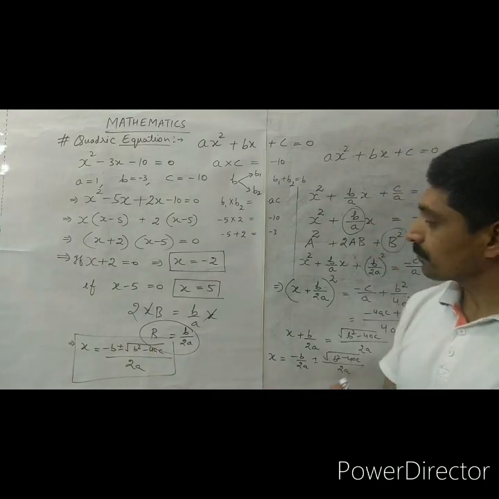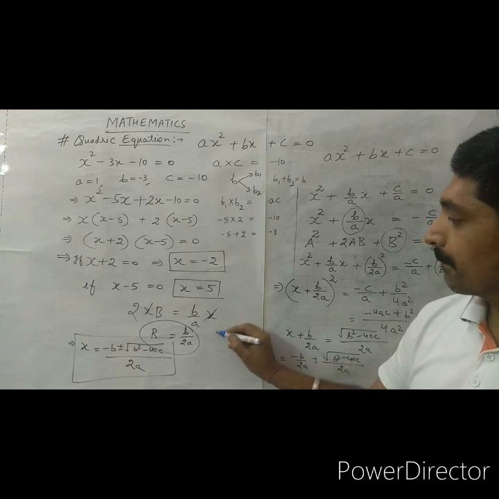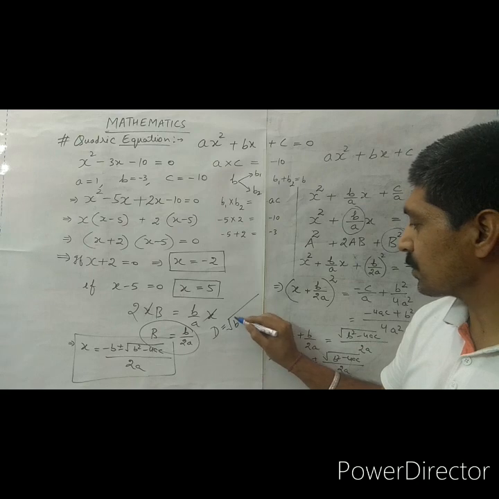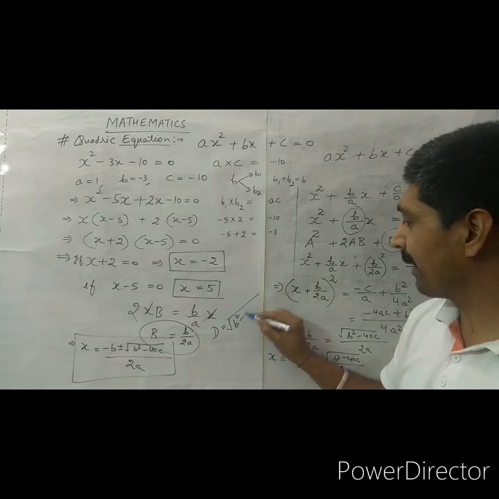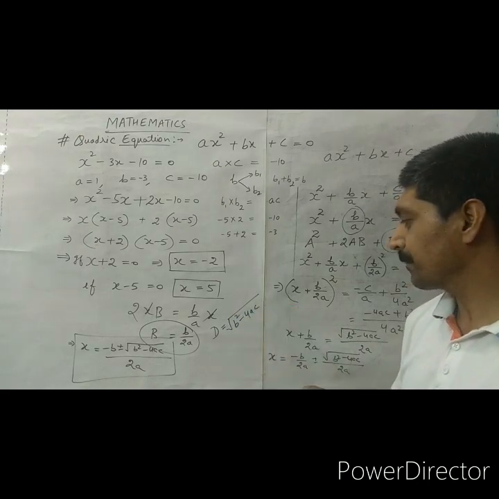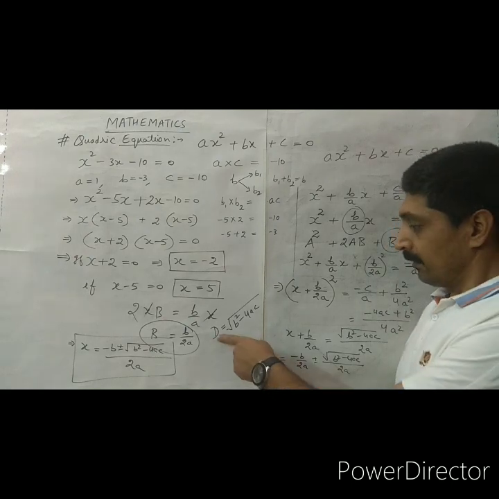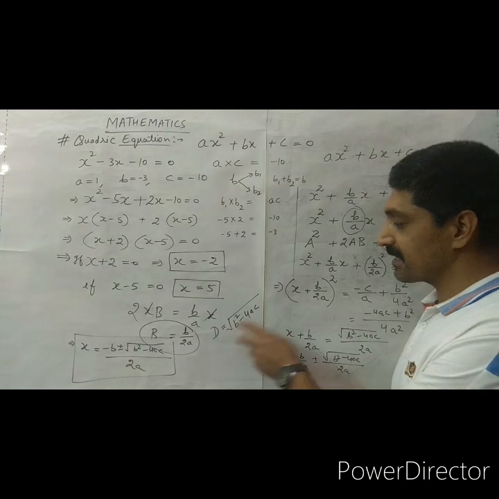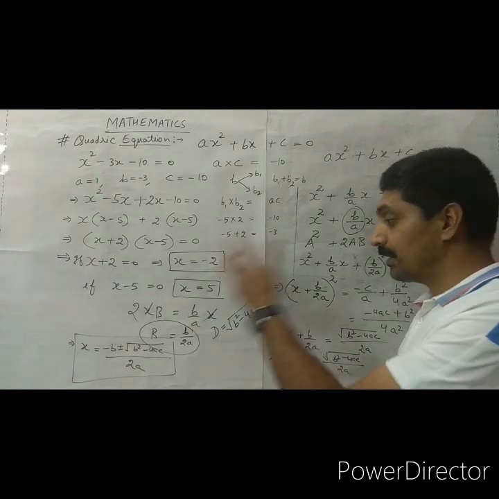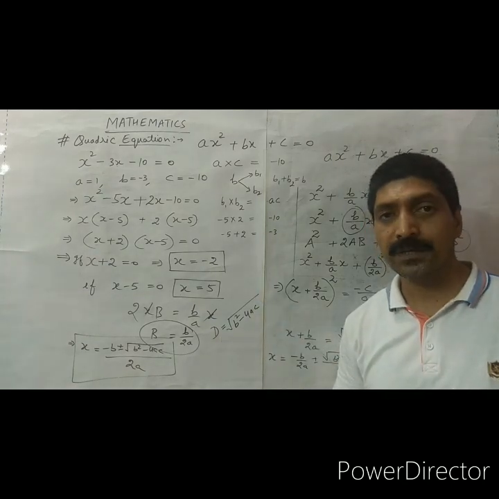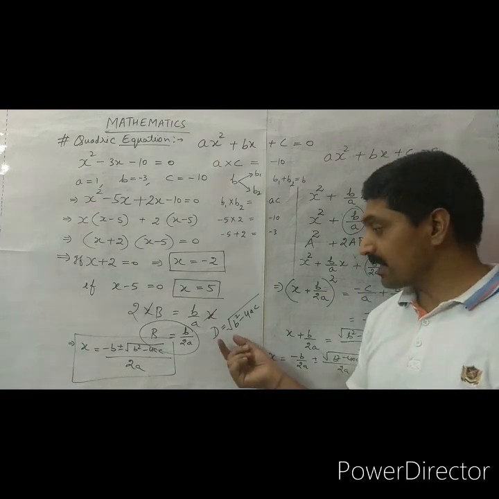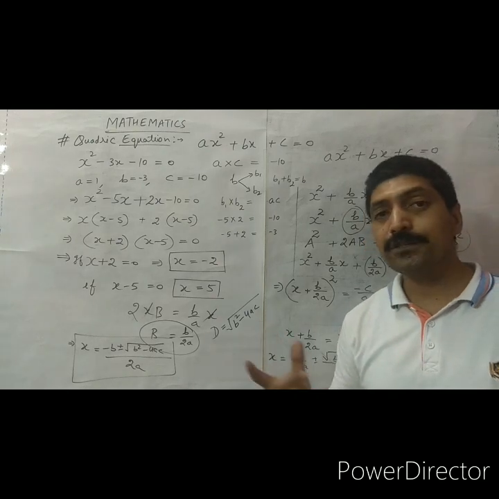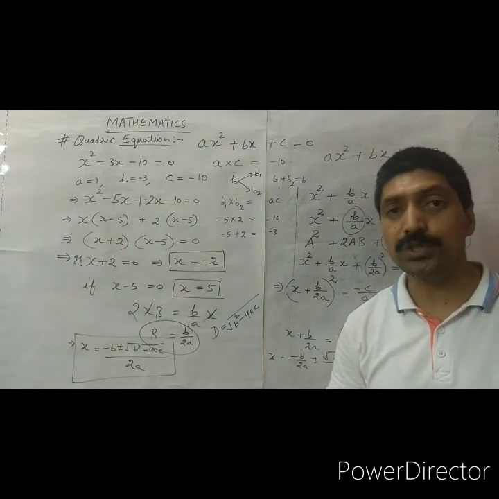This value, b square minus 4ac, is called the discriminant, and the value of the discriminant will decide the nature of roots. If the discriminant is greater than 0, then we have two real and distinct roots.